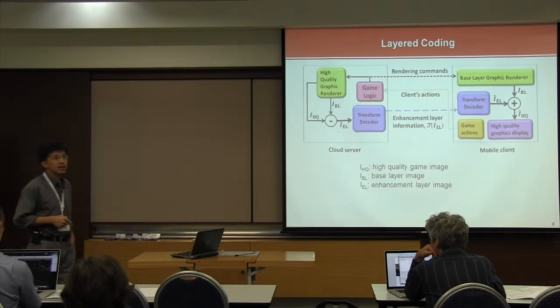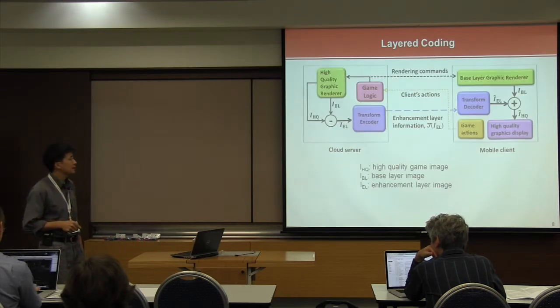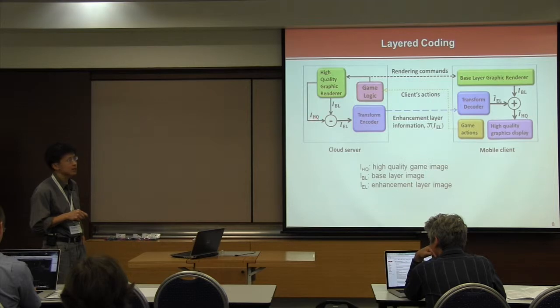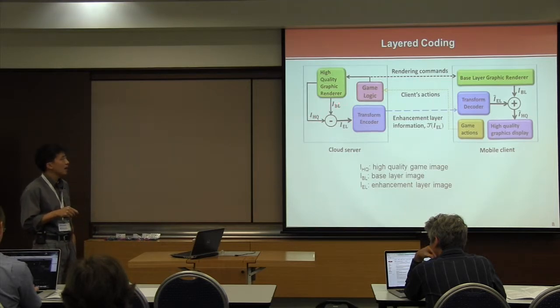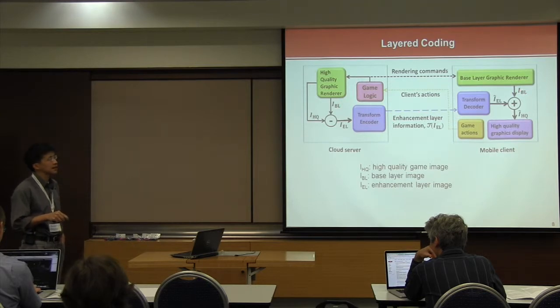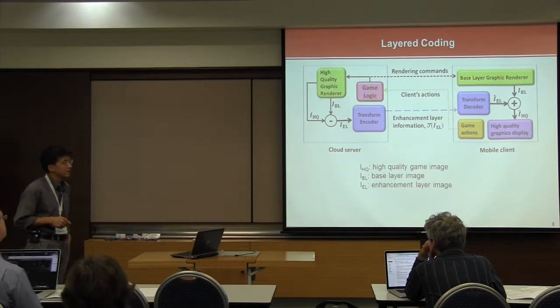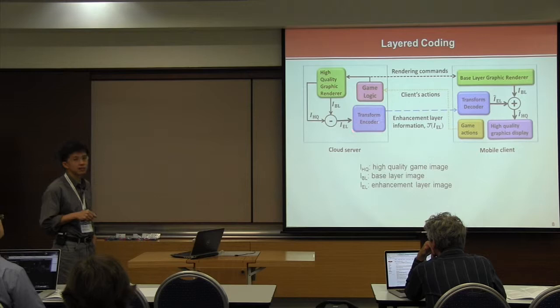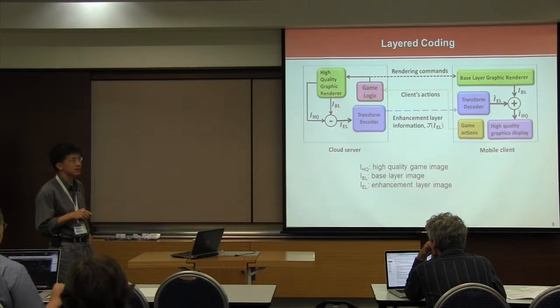And this is the system diagram for layer coding. In response to the game control, the cloud server will render both the high-quality game image and the base layer image of the same game scenes. And on the mobile client, an identical base layer image will be rendered using the base layer rendering pipeline. And we propose to generate this enhancement layer information as the difference between the high-quality game image and the base layer image.